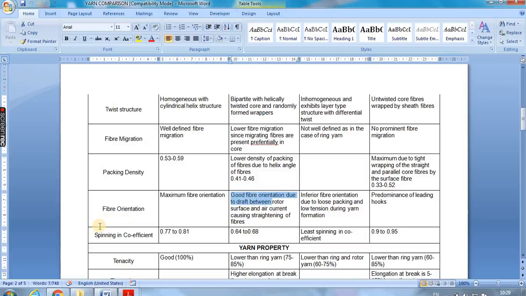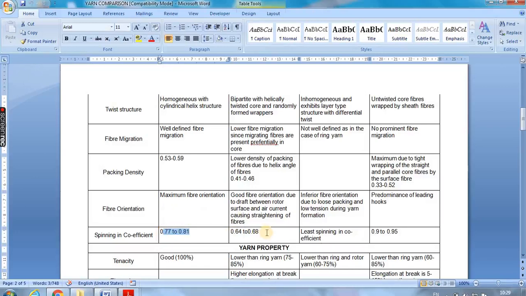Right? So coming to the spinning-in coefficient, which is nothing but the fiber extent that we saw in the last video, it is the actual fiber length divided by the original fiber length. You can see the ring has 0.8 or 0.85. The fiber extent is very good because there are fewer hooks in the ring yarn.